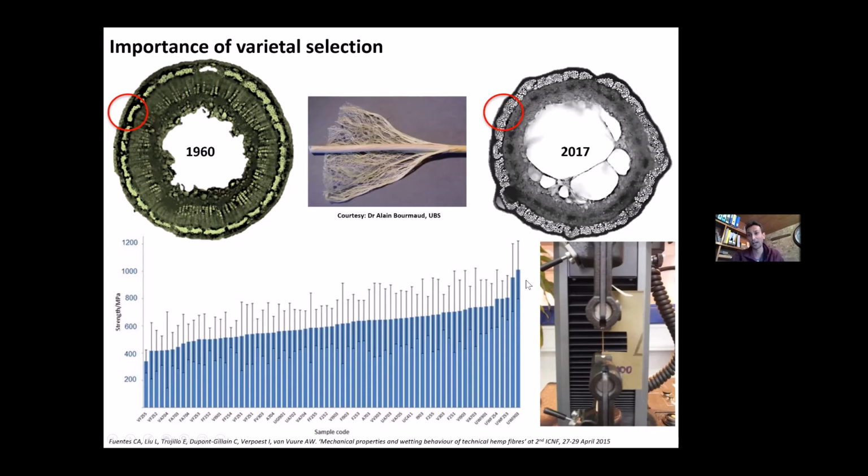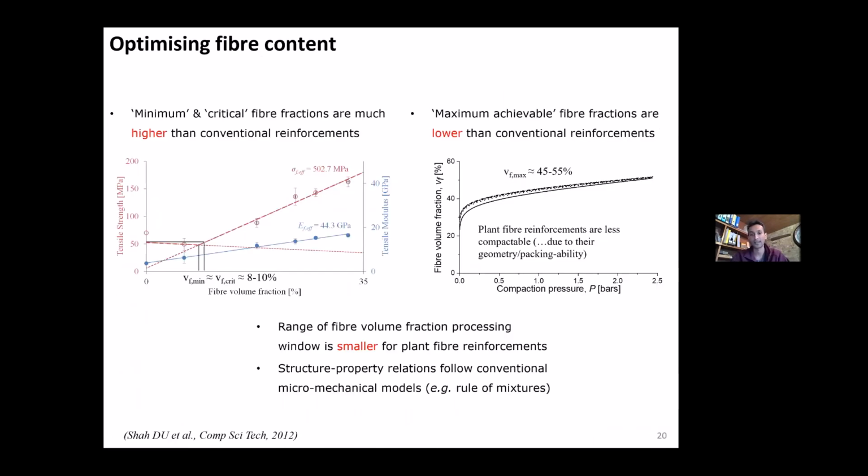So the selection of the fiber is quite critical and something to bear in mind. But eventually flax, hemp, jute are the key ones we take forward.